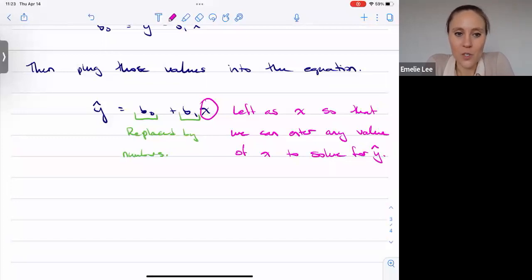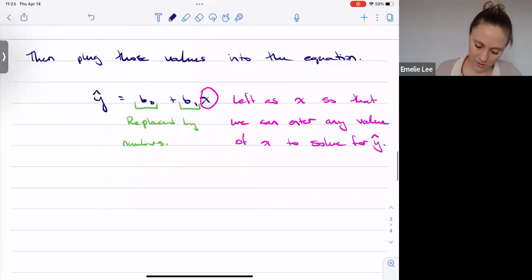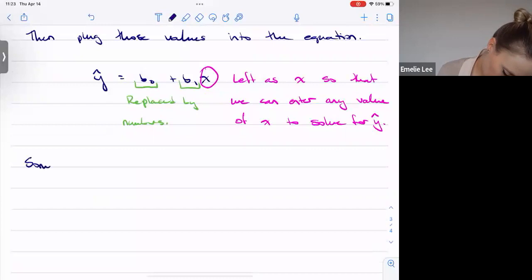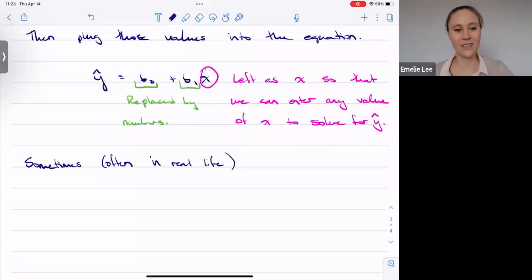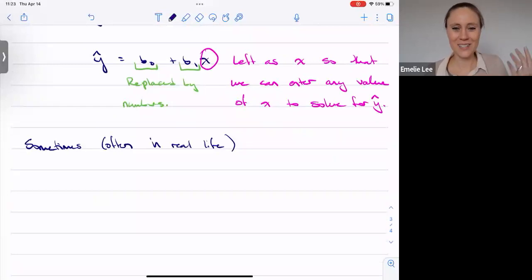Another way, and this is how it's going to be on the final exam, is using software. Sometimes, or often in real life, because you're not going to do these calculations by hand. That's crazy.